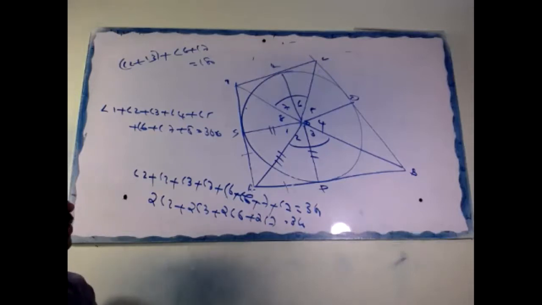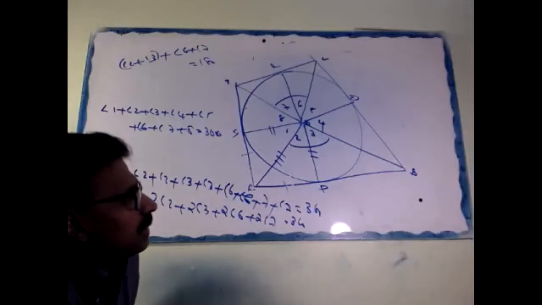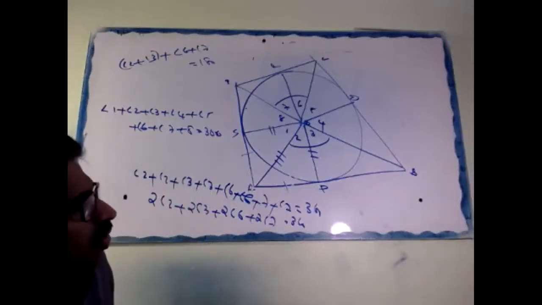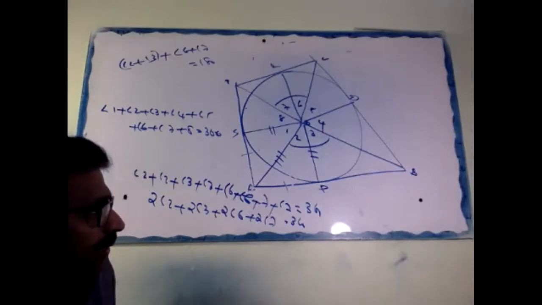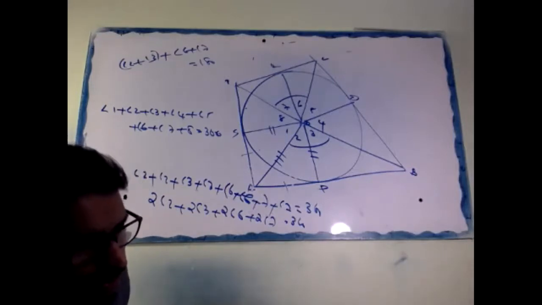Then after that, angle 1 plus angle 2 plus angle 3 plus angle 4 plus angle 5 plus angle 6 plus angle 7 plus angle 8 equal to 360 degrees, angles around a point.